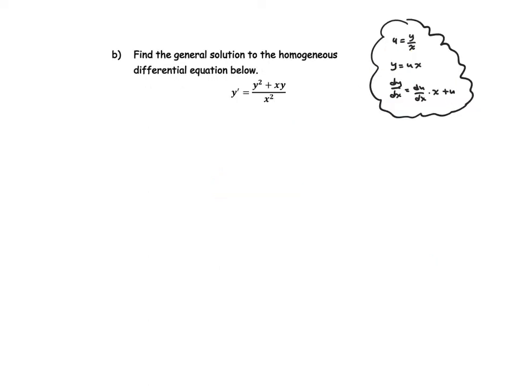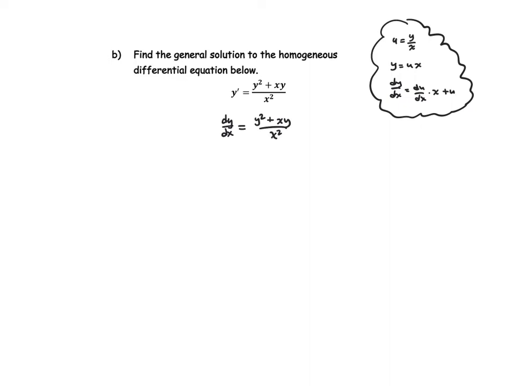All right, as you can see, I've pre-written up here the substitutions that are necessary in a homogeneous differential equation. So I see y prime equals y squared plus xy over x squared. I'm going to rewrite it in the form that I like to work with: dy/dx is equal to y squared plus xy over x squared.